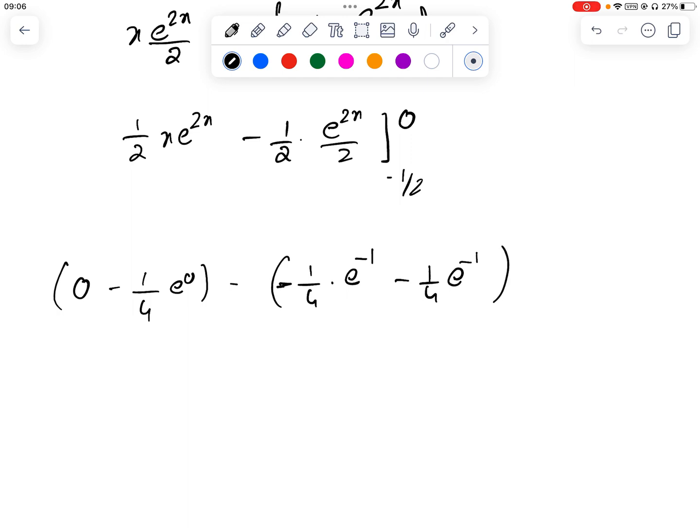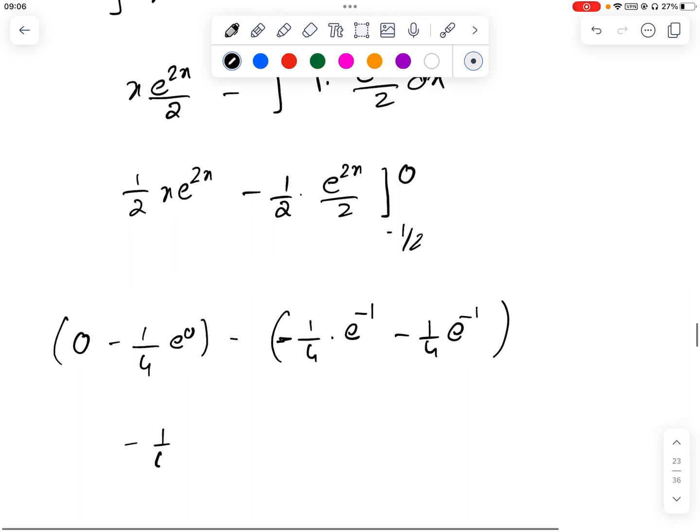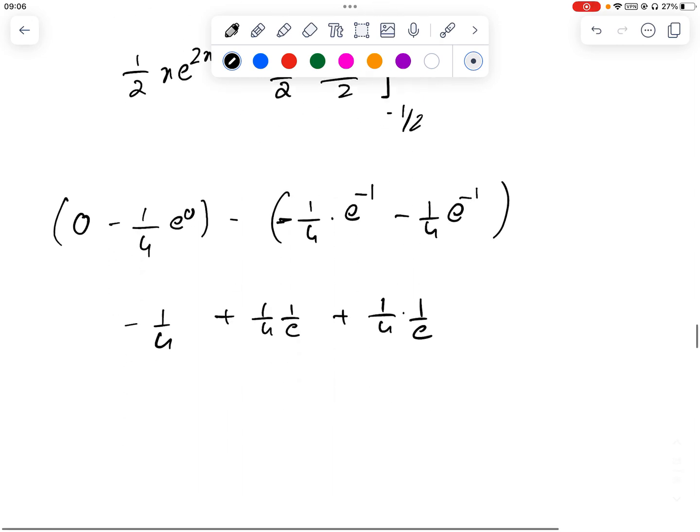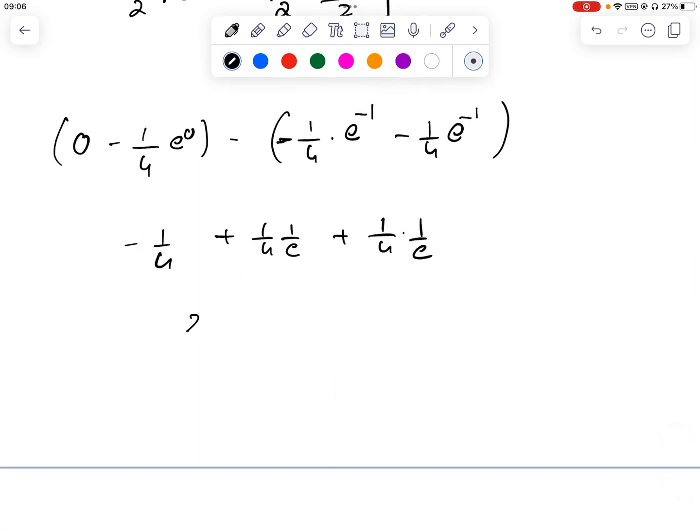So minus 1 upon 4 times e power minus 1, minus 1 upon 4 times e power minus 1. So what does that become? Minus 1 upon 4, minus times minus is plus, 1 upon 4, 1 upon e, plus 1 upon 4, 1 upon e. So what do I get? 2 upon 4e minus 1 upon 4. So 1 upon 2e minus 1 upon 4.